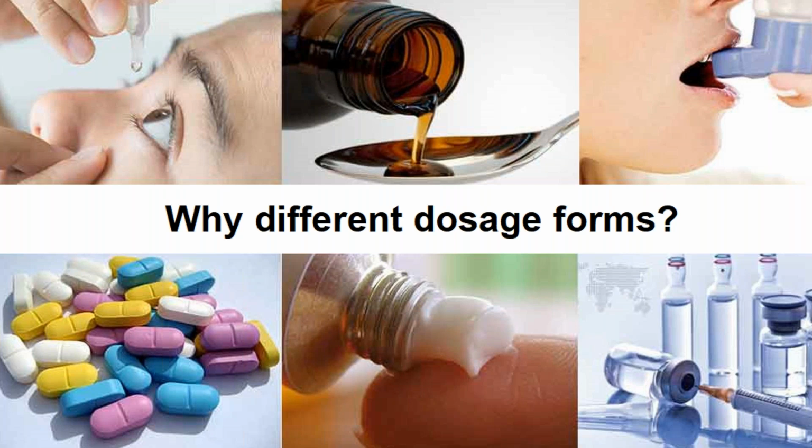The physicochemical properties of a drug can be easily altered by different dosage forms. It conceals the bitter, salty or offensive taste or odor of the drug. Damage of the drug from moisture can also be prevented.